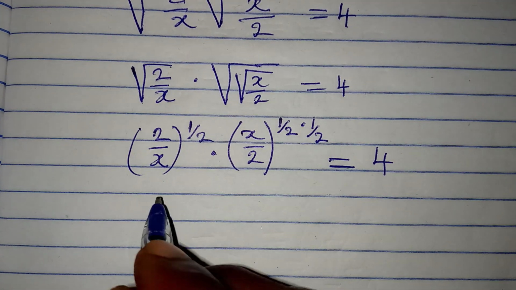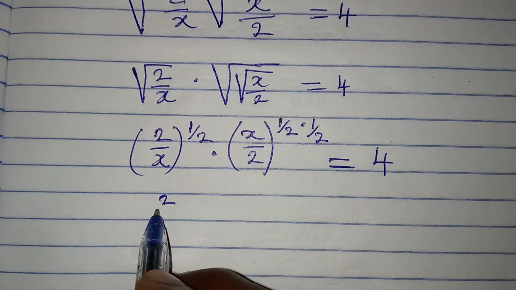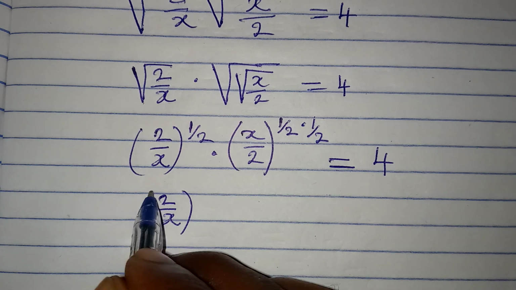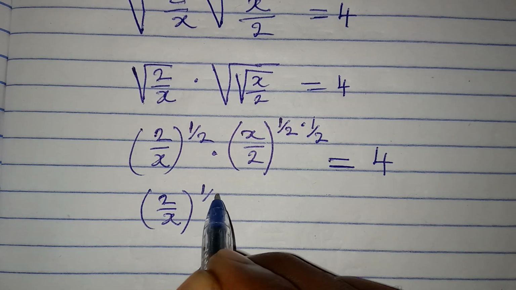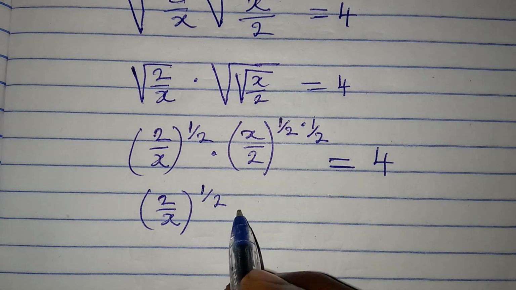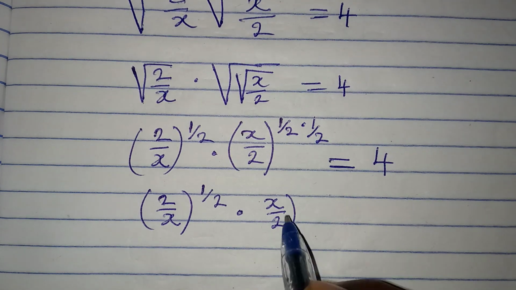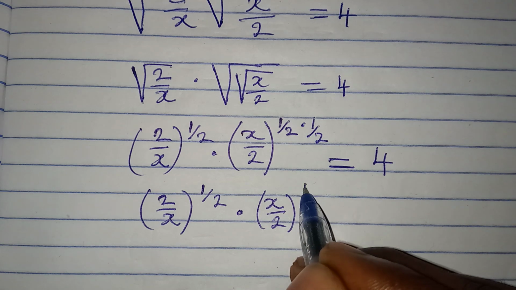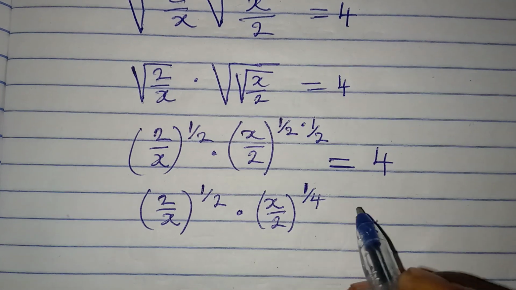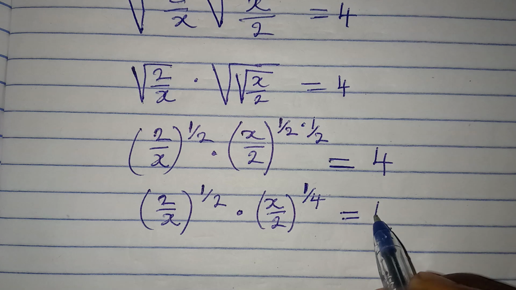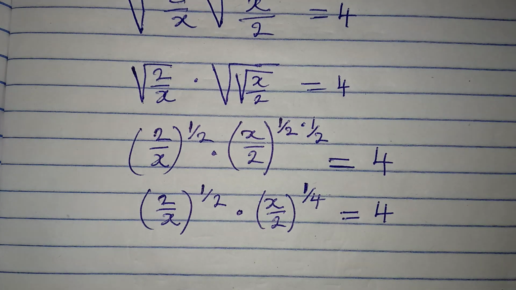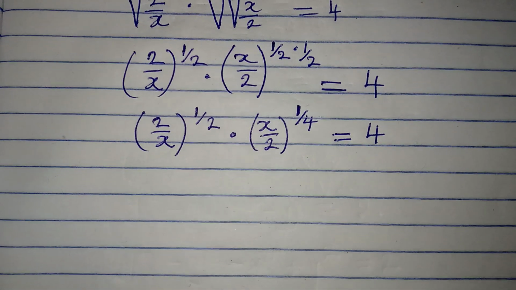If I take a step further, I'm having 2 over x to the power of 1 over 2 multiplied by x over 2 to the power of 1 over 4, and the whole of this is equal to 4.